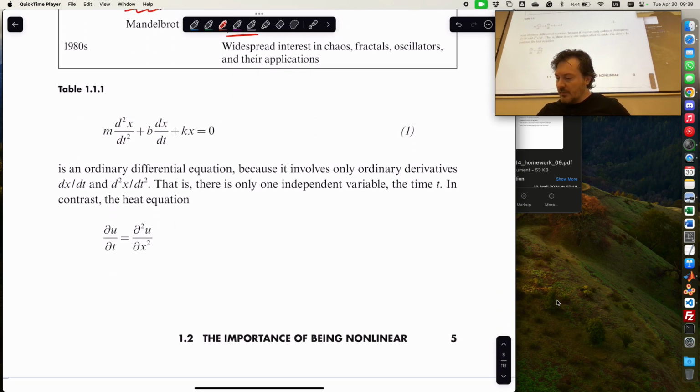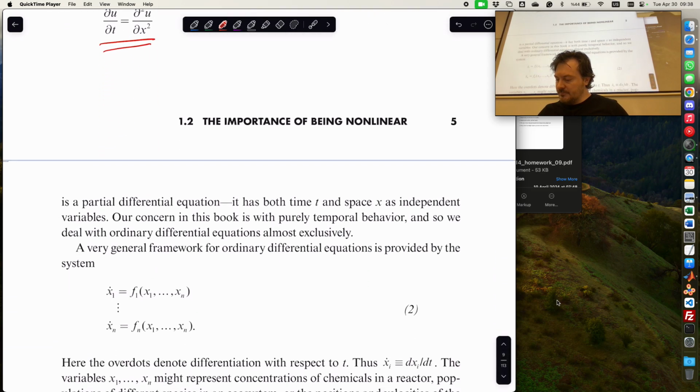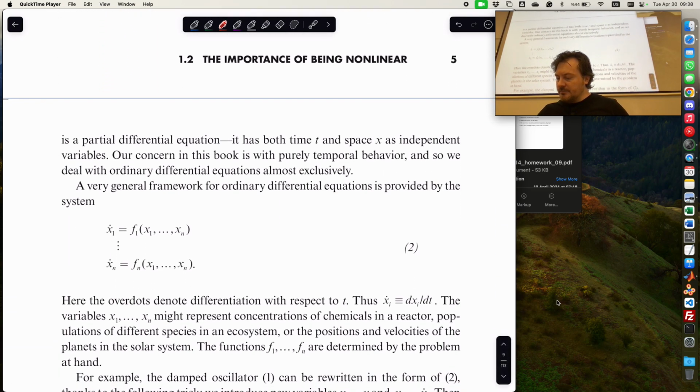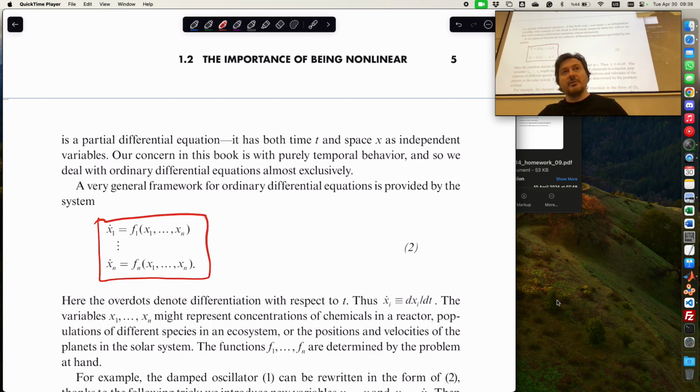Okay, so what is this? This is an ordinary differential equation because it involves only ordinary derivatives, and this is a partial differential equation, right? Okay, a very general framework for ordinary differential equation is provided by this system. We will not look at partial differential equations. We will be focusing on ordinary differential equations.